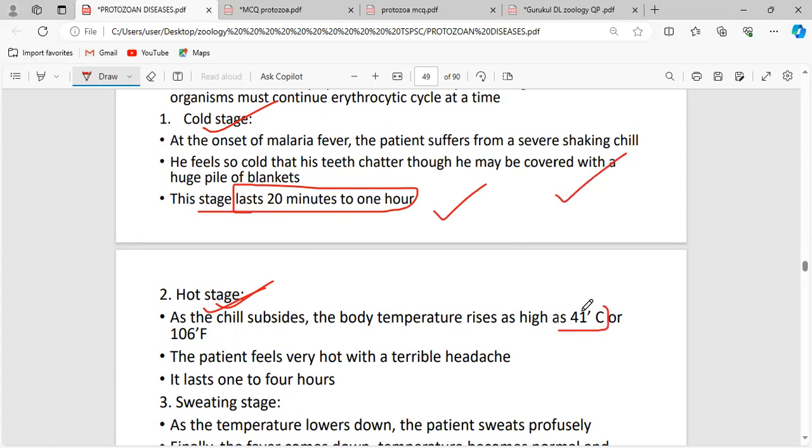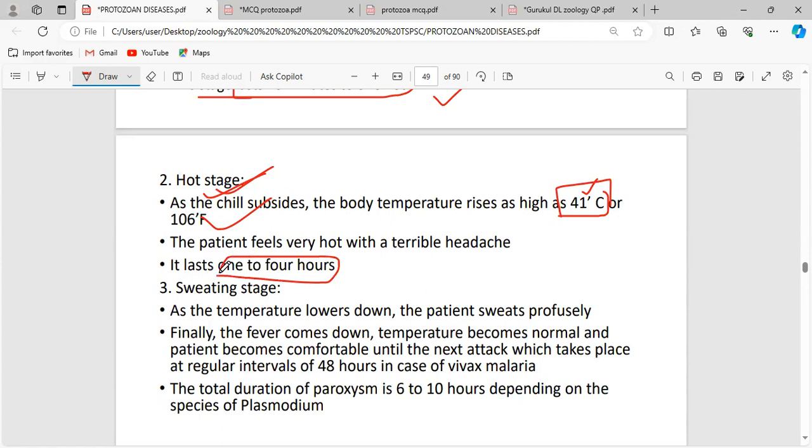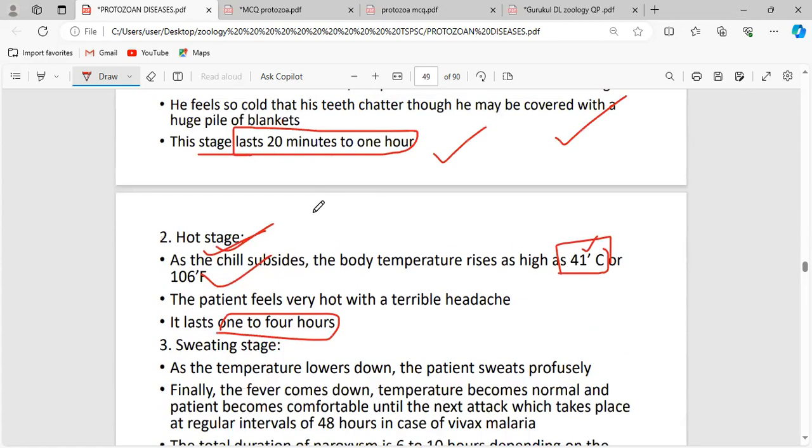After 1 hour, the person will again experience a severe fever, that is 41 degrees Celsius or 106 Fahrenheit, and this stage lasts 1 to 4 hours. What I'm trying to say is that for 20 minutes to 1 hour they experience chillness and shivering, and after that, for 1 to 4 hours, they experience the rise in body temperature.